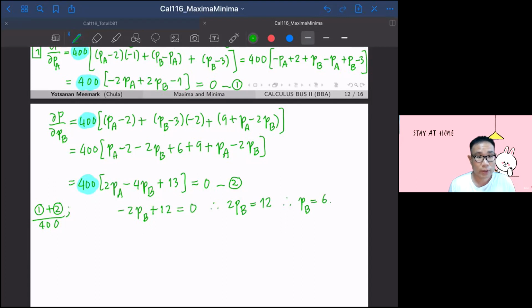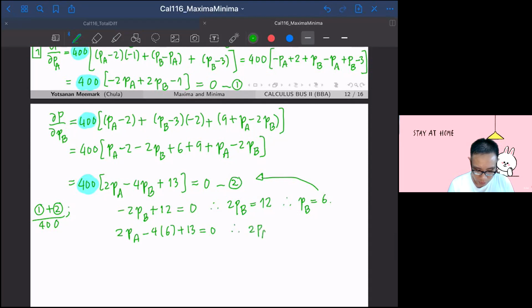After you have PB equal to 6, you just plug into equation 1 or equation 2. Whether you put in the second one or the first one, it doesn't matter. So you're going to get 2PA minus 4 times 6 plus 13 equal to 0.